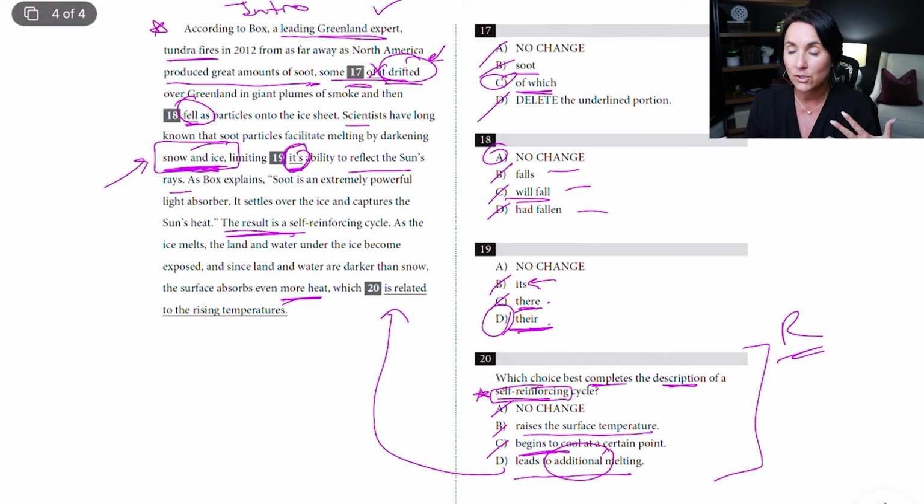And since land and water are darker than snow, the surface absorbs even more heat, which leads to additional melting. So we have melting here, heat here, more melting here, making D the correct answer. And A and B just do not support what's going on in the sentence. All right, so I hope that helps you out today with your grammar.